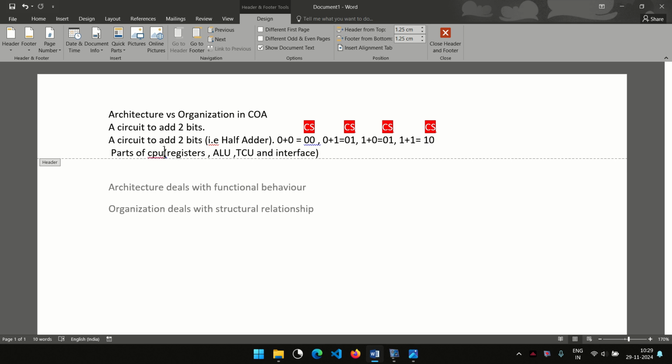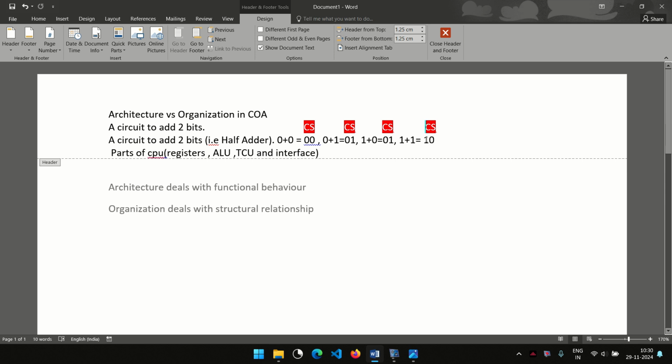A circuit to add 2 bits we can implement using a half adder. 0 plus 0 gives carry 0 and sum 0. 0 plus 1 gives carry 0 and sum 1. 1 plus 0 gives sum 1 and carry 0. 1 plus 1 is tricky. 1 plus 1 is 2, but we do not have anything to represent that, so we carry the 1 and leave 0.